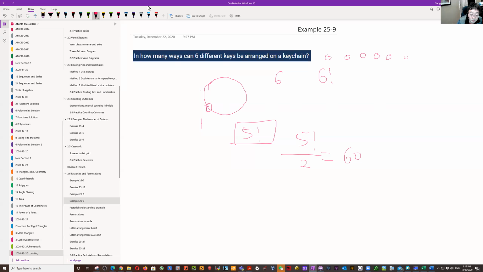Because you can flip the keychain and it would look the same. For example, the arrangement 1, 2, 3, 4, 5, 6 is equivalent to 6, 5, 4, 3, 2, 1 if you flip the keychain.